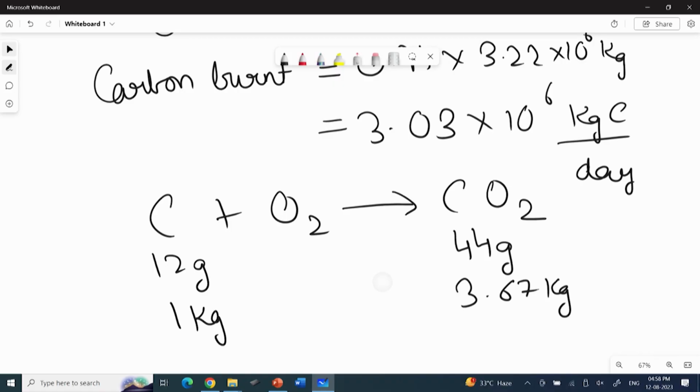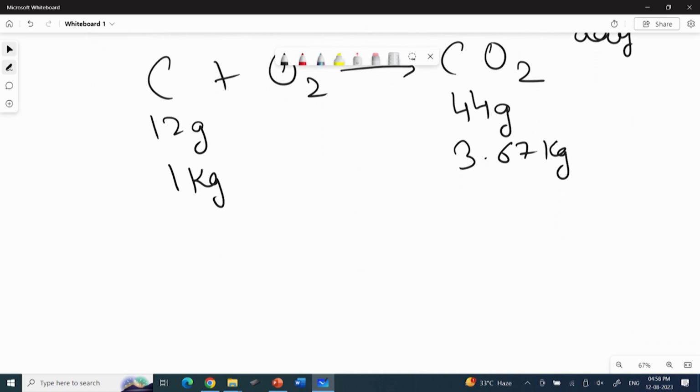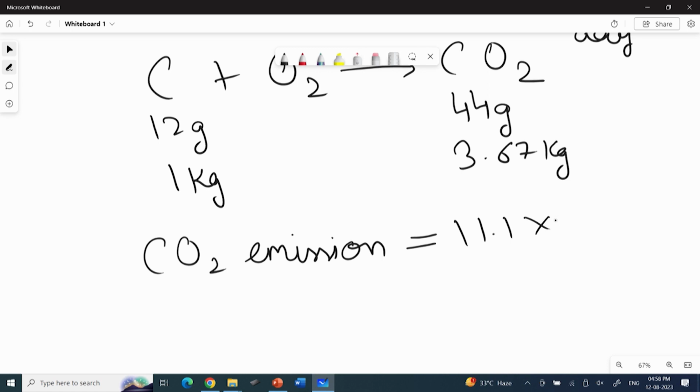If I multiply this with the factor of 3.67, because 1 kg of carbon gives 3.67 kgs of CO2, and this is precisely the reaction that is occurring, the amount of CO2 emission would come around to be 11.1 into 10 to the power 6 kgs of CO2 per day. So this is the amount of CO2 that you would be releasing on a daily level.